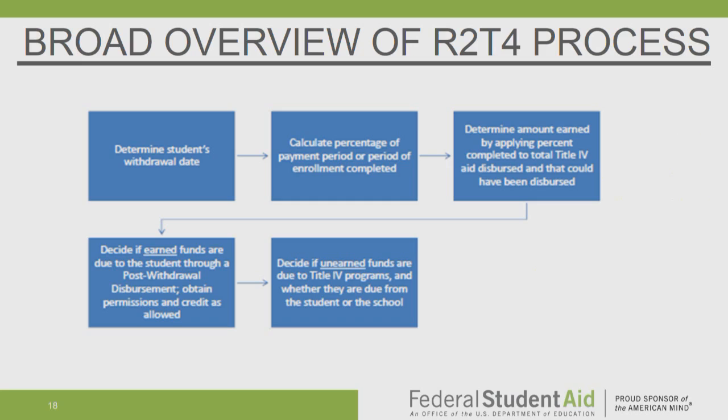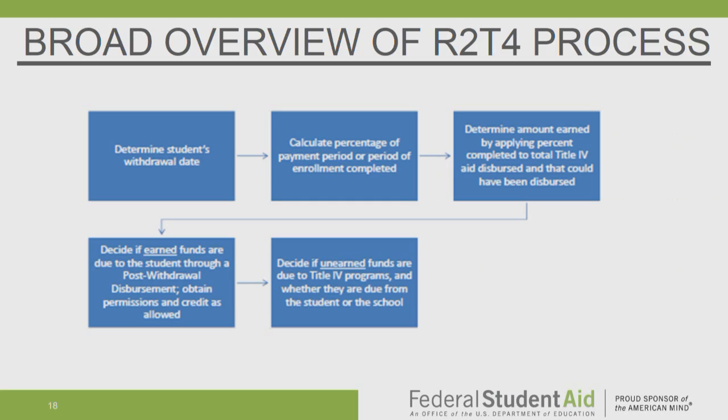If you've only disbursed 5,000 and the student earned 10,000, then you have 5,000 that you have to offer as a post-withdrawal to the student or to the parent borrower.